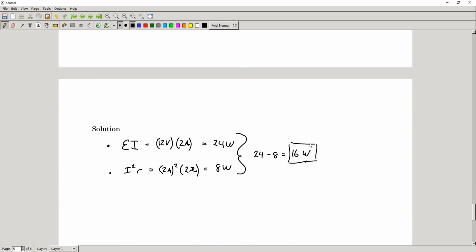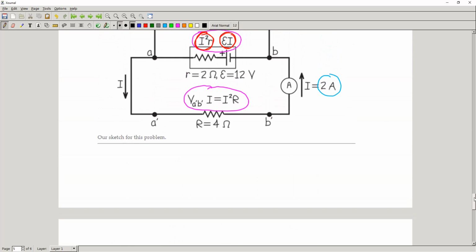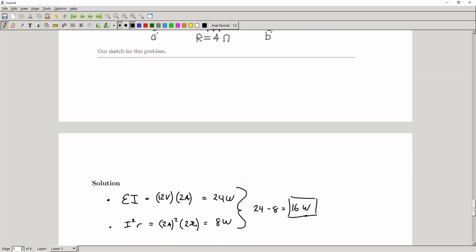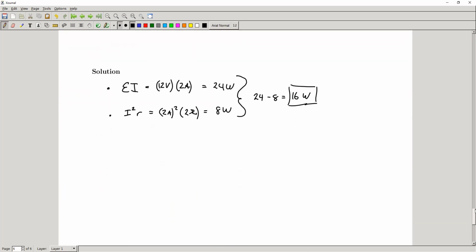Now we want to look at the power dissipated in our external resistor here, right? We're going to have some power dissipated in our external resistor, our 4 ohm resistor here, and we have the expression for that written down right here. So we can pretty much right away jump to writing down our solution. We can write it in 2 ways.